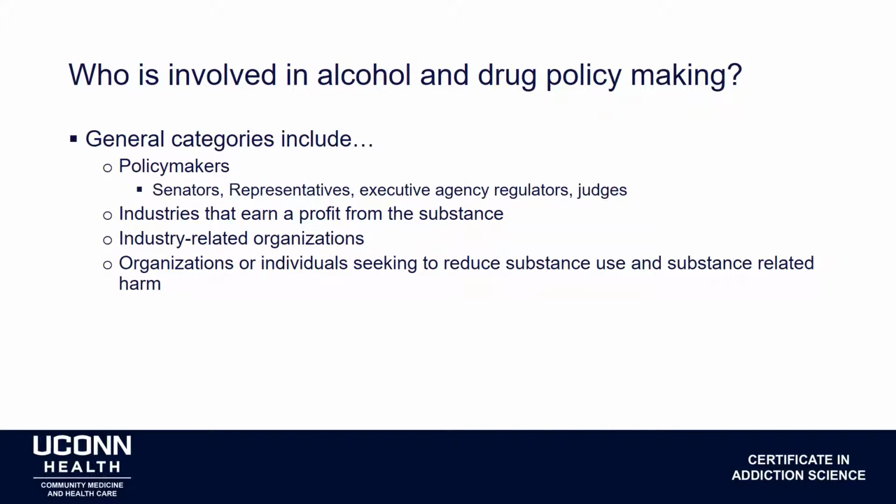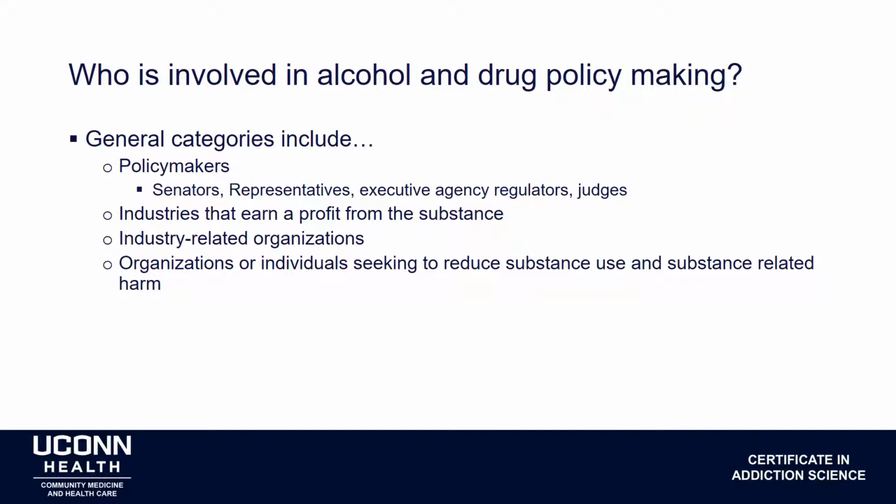First are the policymakers themselves. These are your senators, your representatives, basically anybody who you elect to office. These are also the regulators within the executive agencies. These are people at the national level in the United States, who could be at the Federal Trade Commission, at the Alcohol, Tobacco, and Firearms agency, at the FDA, and at many other federal level agencies.